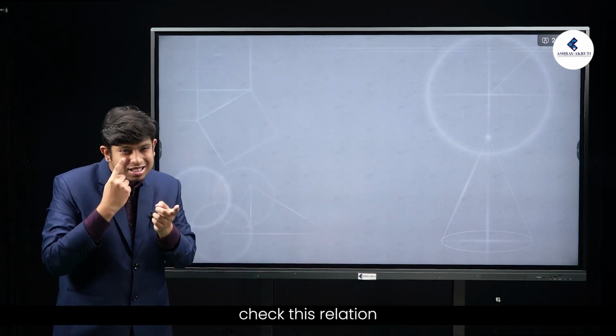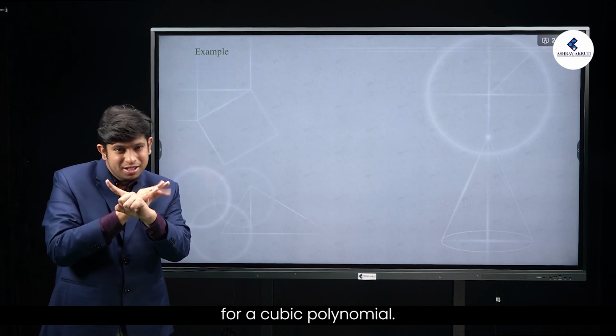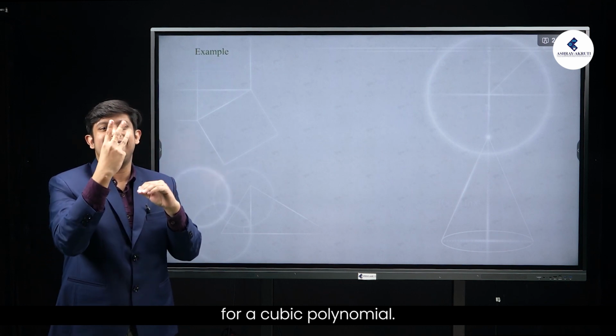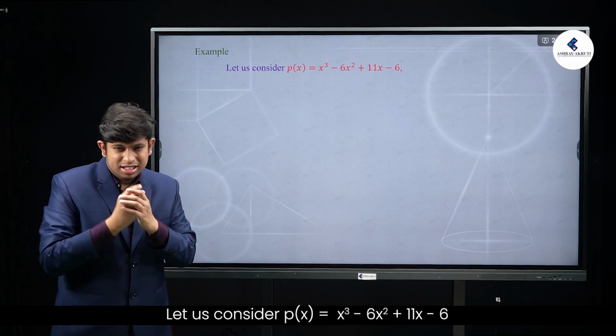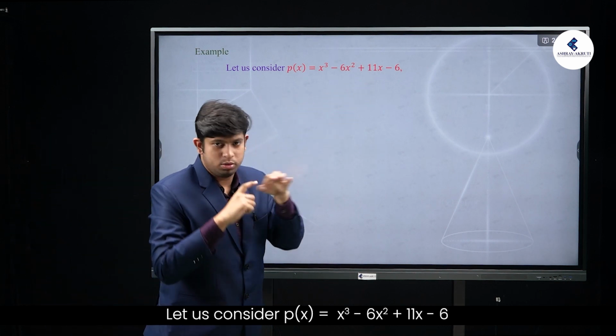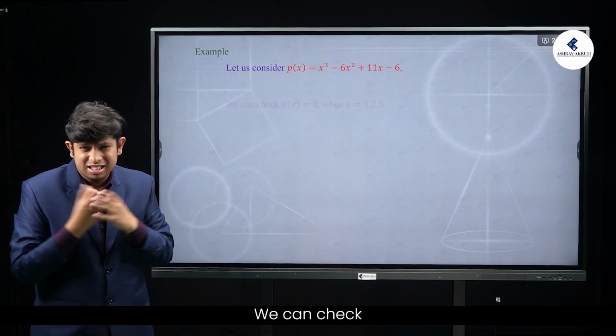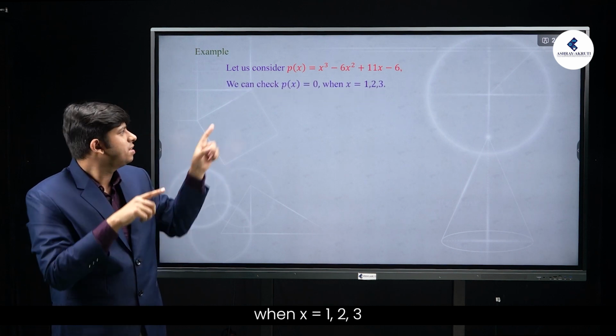Now, let us check this relation between zeros and coefficients for a cubic polynomial. Let us consider p of x is equal to x cube minus 6x square plus 11x minus 6. We can check p of x is equal to 0 when x equal to 1, 2, 3.